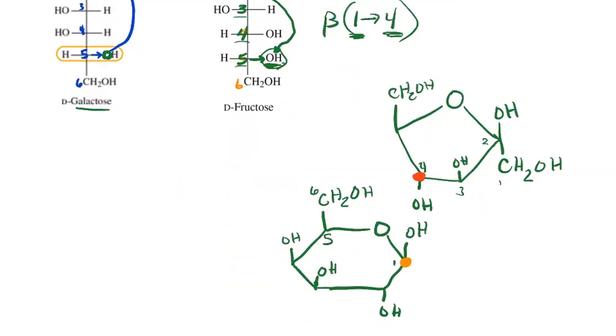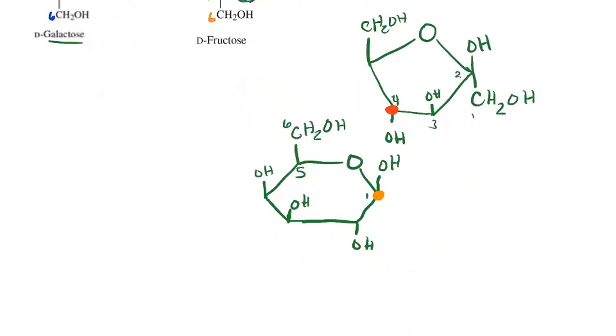Now, what's going to happen to form the glycosidic bond is that I'm going to have to release water. So in order to release water, I need to make HOH. Well, where does that HOH come from? Let me put it in a different color. Let me put it in blue. HOH. Where does it come from?